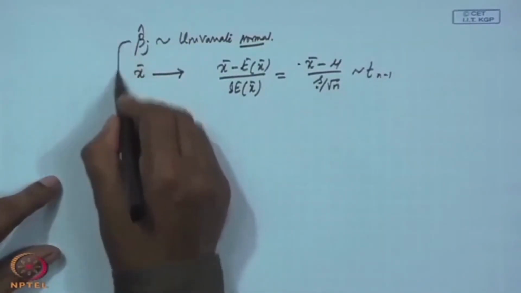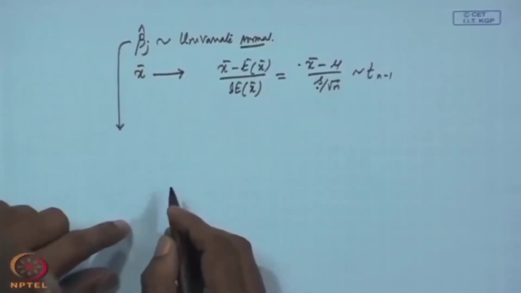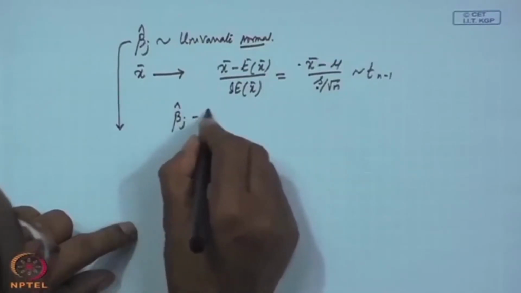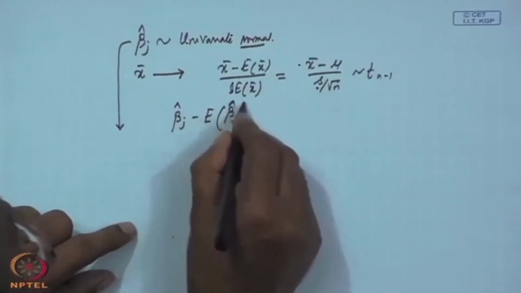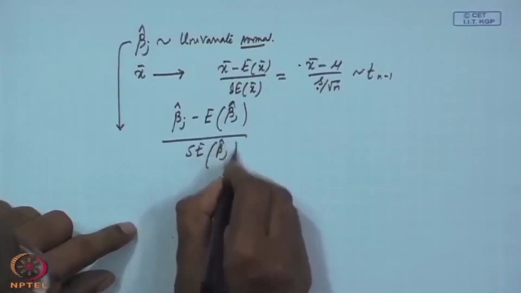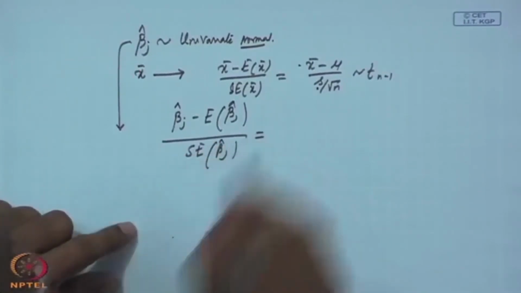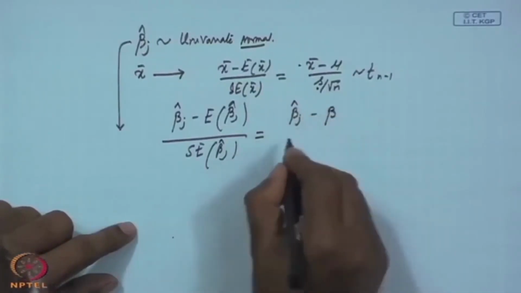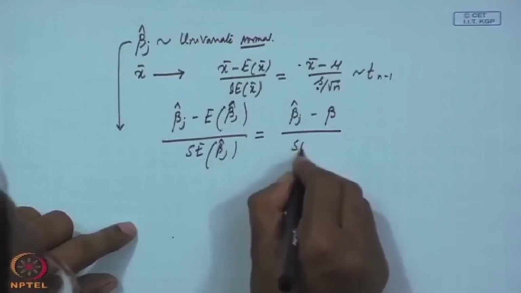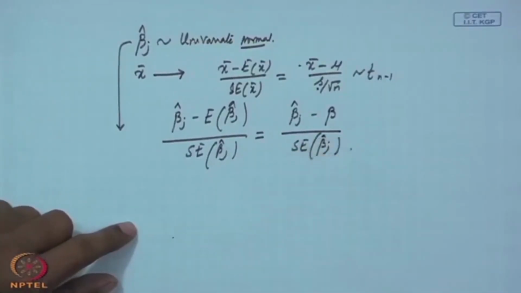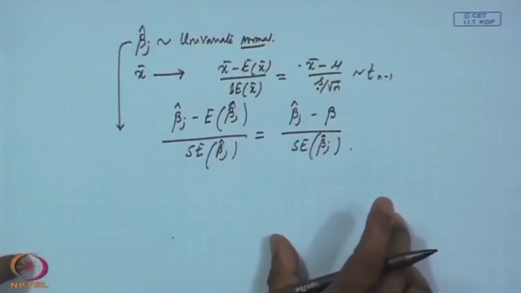Now, for beta cap let us do the similar thing: beta j cap minus expected value of beta j cap divided by standard error of beta j cap. This value will be beta j cap minus beta j divided by the standard error of beta j cap, that you require to find out.